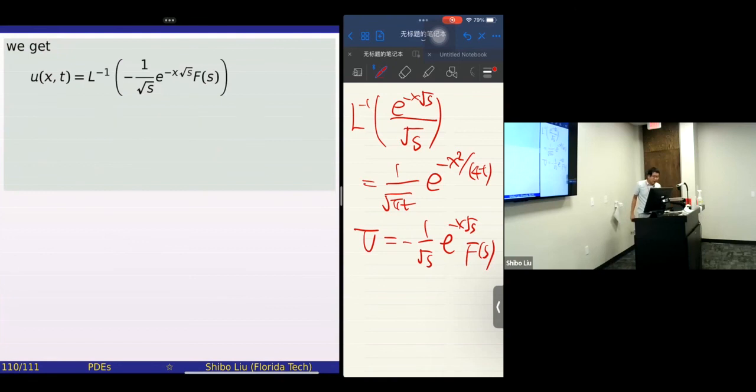So our small u is the Laplace inverse transform of our capital U here. How to compute this?